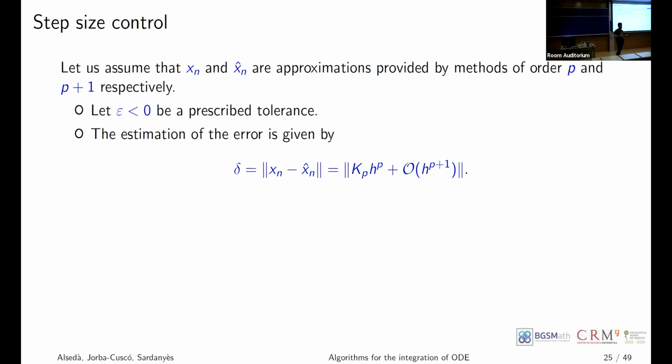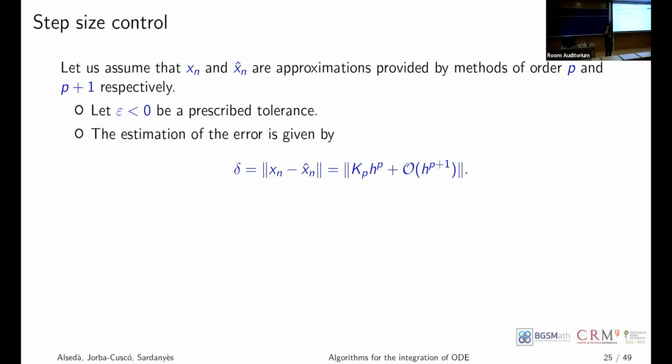This is why when you go to the internet and look for some Runge-Kutta method, you see the Runge-Kutta method 7.8 or the 4.5, ODE45 in MATLAB. 4.5 refers to the order of the method you use to predict, and the method you use to estimate the error. That's the meaning of all these packages in MATLAB and so on.